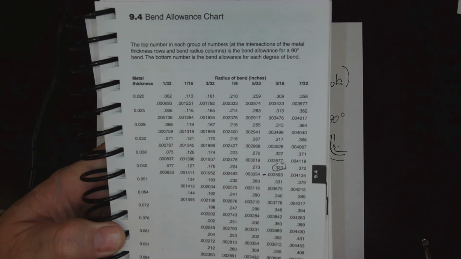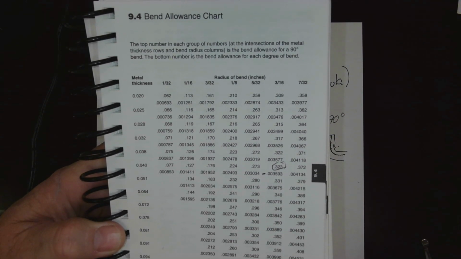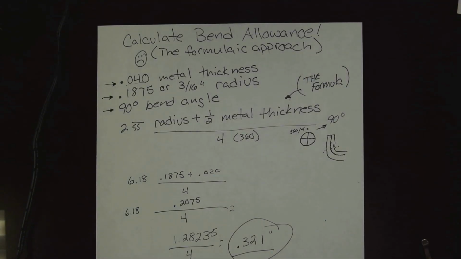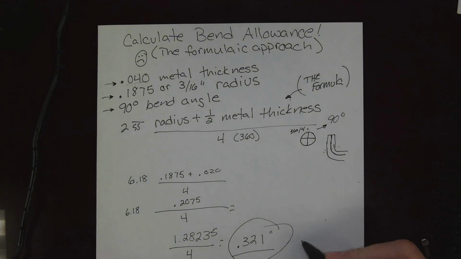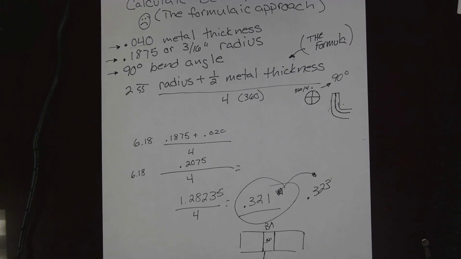We're about half the width of a sheet of paper there. What does this tell me? It's such a small factor from using the chart and calculating and rounding that either way, I will be very, very good when it comes time to make that bend. So remember, this is the formula, and the formula could be used without a chart.